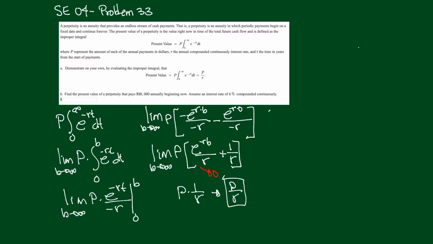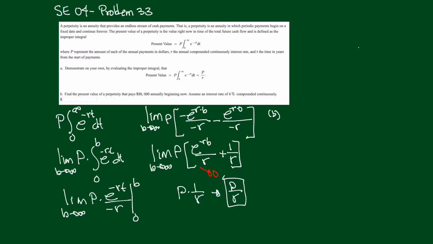Now, what about this part B? In part B, we're told that the perpetuity pays $30,000 annually beginning now. Assume an interest rate of 4%, compounded continuously. All right, find the present value. Well, the present value is given by this integral, but we just simplified that integral to P over r.